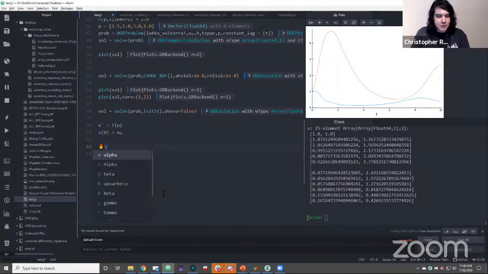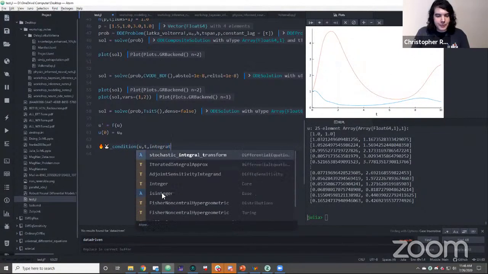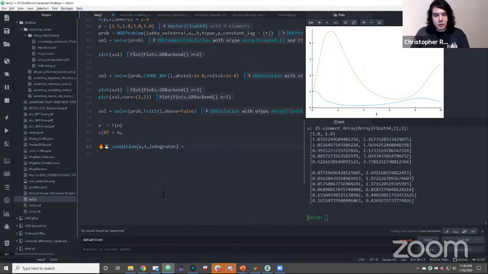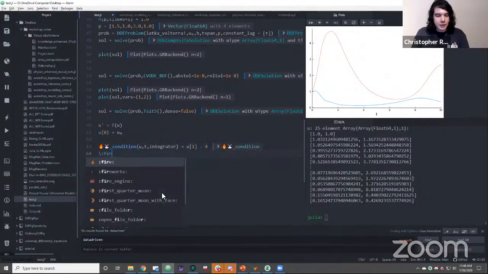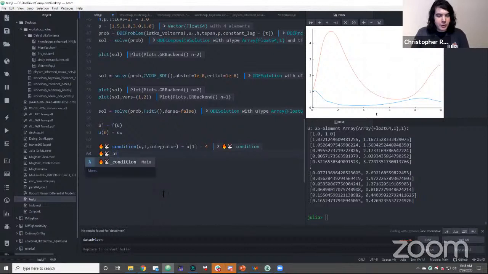So what I want to do is I want to say, fire rabbit. This condition happens with respect to u, t, integrator. So the way to be able to describe one of these continuous conditions is you want it to have a zero crossing. You want to have a 0 whenever this effect happens. So here I say, whenever u of 1 is equal to 4, then the effect should be, well, let's pick an effect.